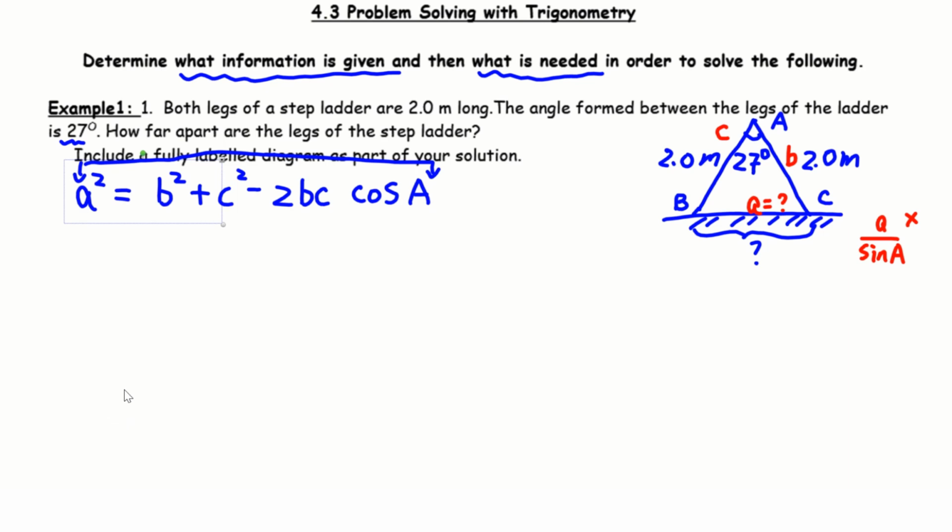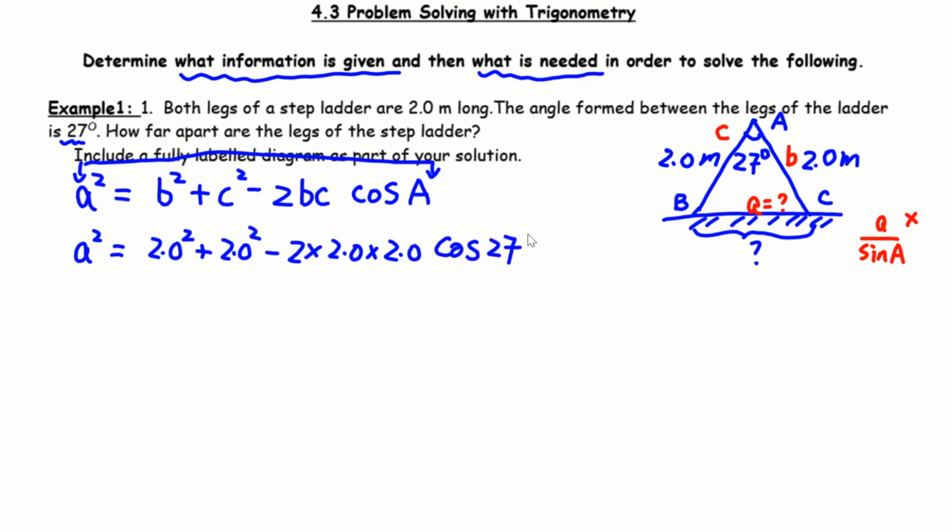After that, we are going to sub in the given information. So a squared equals b is 2.0 squared, and c is 2.0, squared, minus 2 times 2.0 times 2.0 times cosine of angle A, 27 degrees.